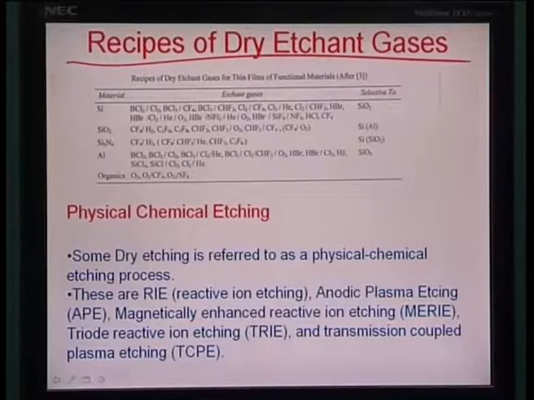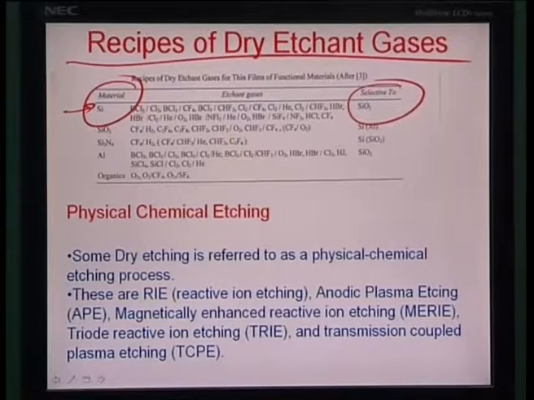Some of the recipes of dry etching gases are, for example, for silicon with a selectivity to SiO2: boron trichloride with chlorine, boron trichloride with carbon tetrafluoride, boron trichloride with methyl trifluoromethane, chlorine and CF4, and so on.